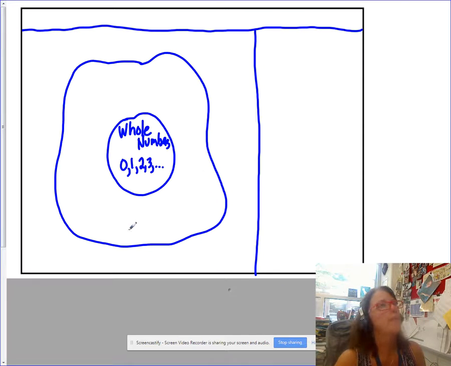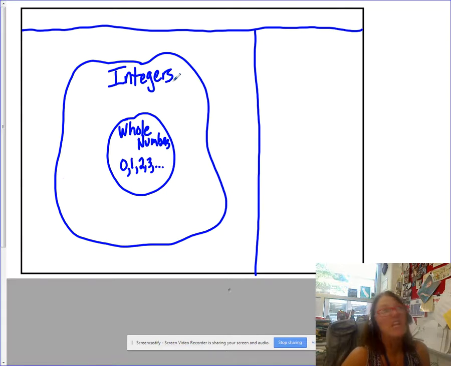The next level out, so what I made is this kind of weird shaped blob, I am going to have you label the integers. The integers include these numbers, the whole numbers, 0, 1, 2, 3. I'm not going to write those again out here. They're already part of the big blob. They're all congregated as their own little group or clique right here in the middle.